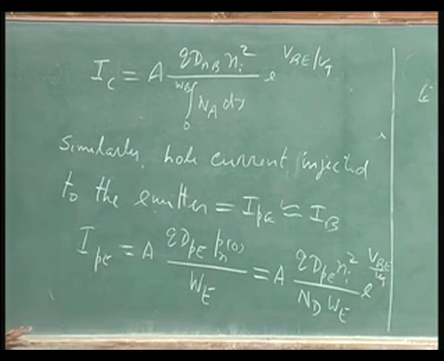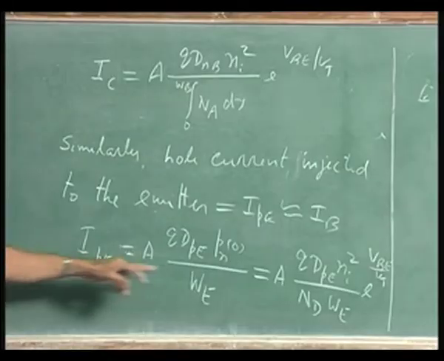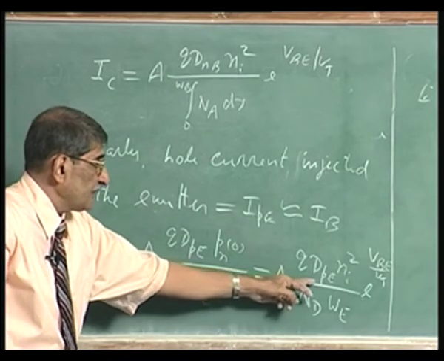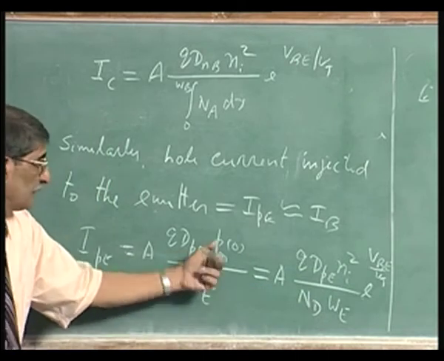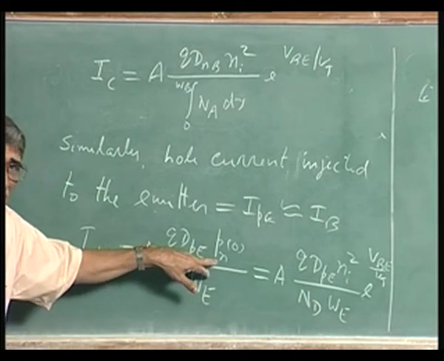You got the IP, which is actually the base current, area Q DP Ni squared by Nd. Ni squared by Nd is actually Pn0 at thermal equilibrium. This is Pn bar e to the power of VB by VT.